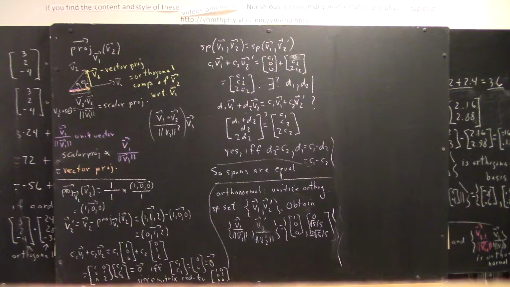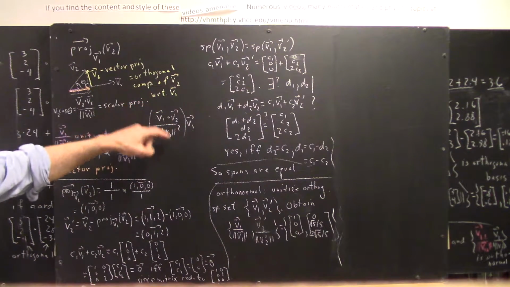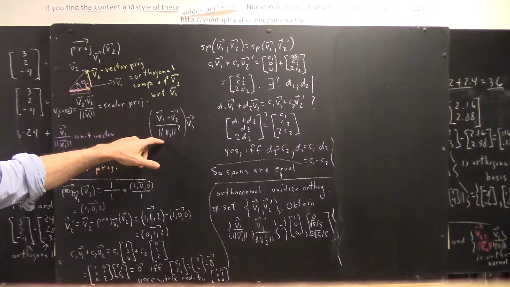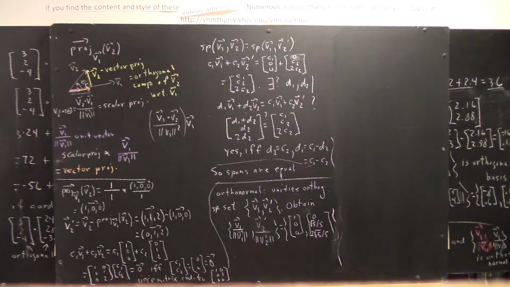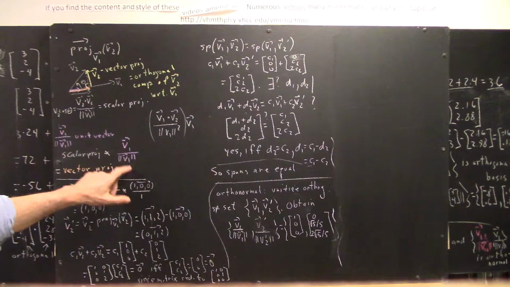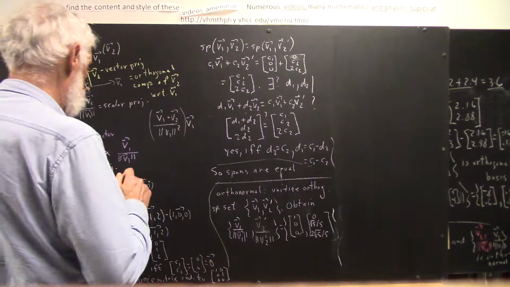Now when we do that, we get V1 dot V2, or V2 dot V1, doesn't matter, divided by magnitude of V1 squared times V1, because if you just multiply this by this, you'll see that you have V1 in the denominator twice. Now, I usually write this out, so let me do that.